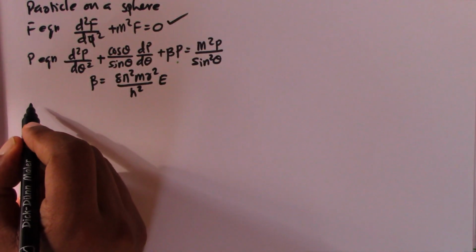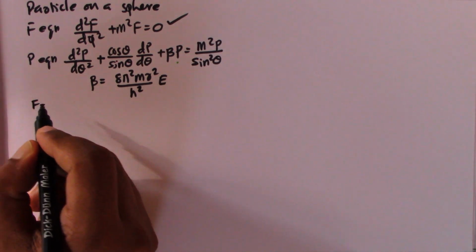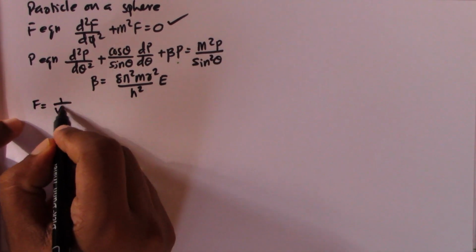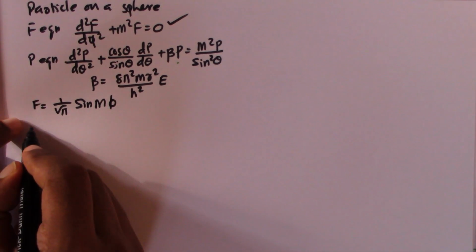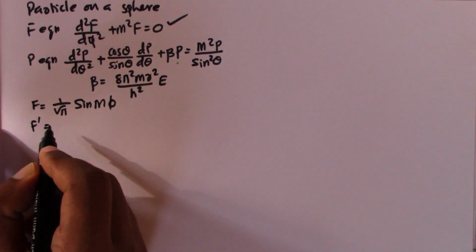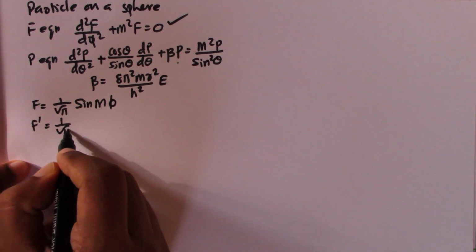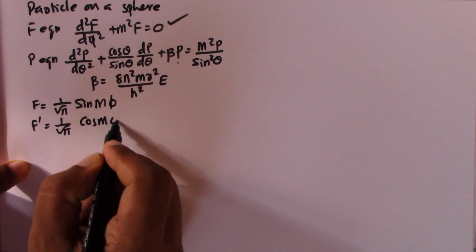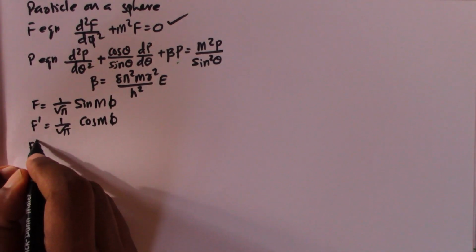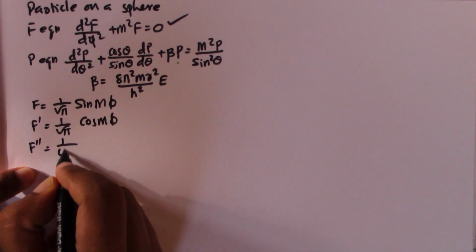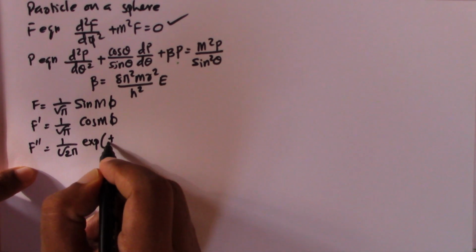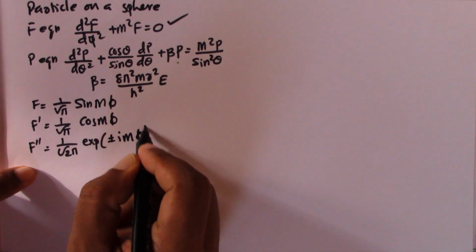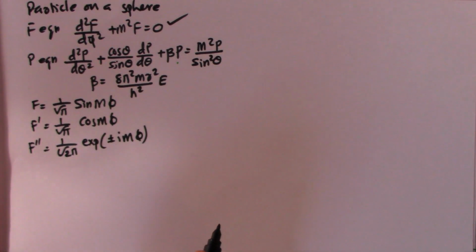The solutions are F is equal to 1 by root pi sine m phi, F dash is equal to 1 divided by root pi cos m phi, and F double dash is equal to 1 divided by root 2 pi exponential plus or minus i m phi. These are the solutions of the F equation.